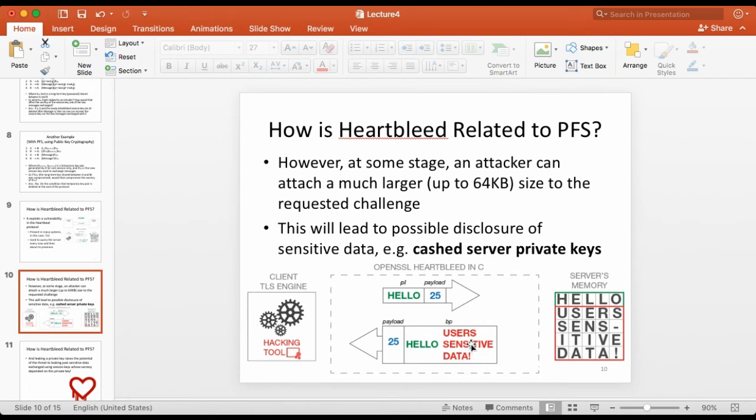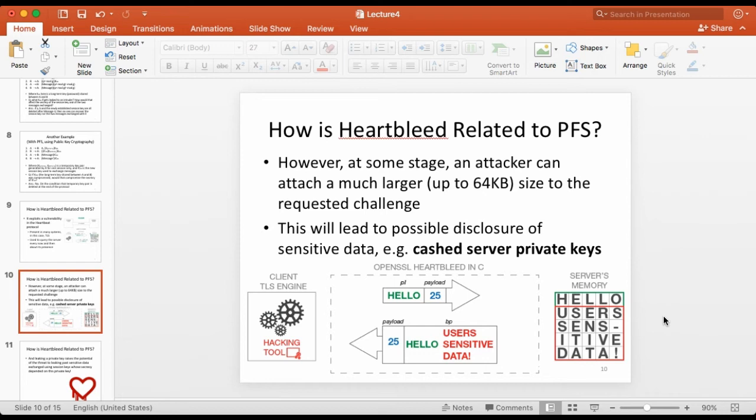And the second bad thing that they discovered is that in many cases, servers for optimization purposes were keeping a lot of sensitive data, a lot of users' sensitive data, in their caches.